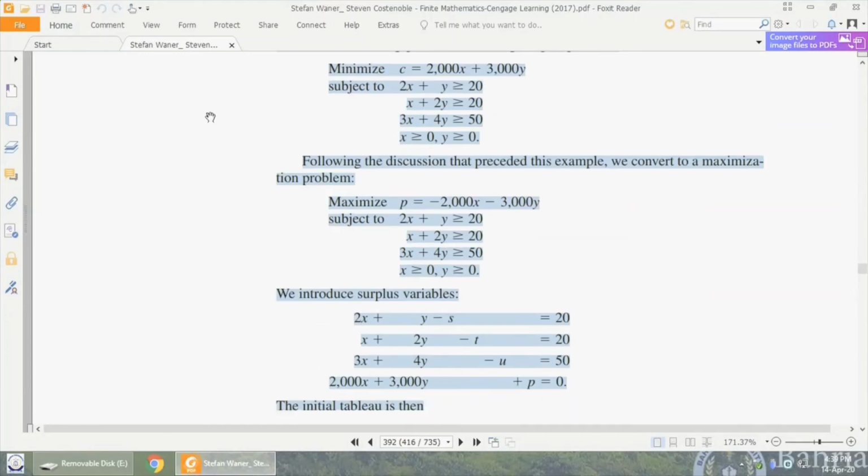Now I told you that we can have a minus sign here. In the previous lecture I discussed that we had a less-than constraint, so that means we can add something to that in order to make it equal, because we had a less than or equal to value.